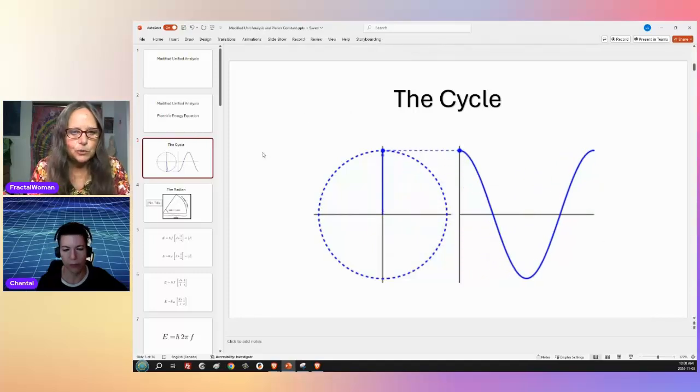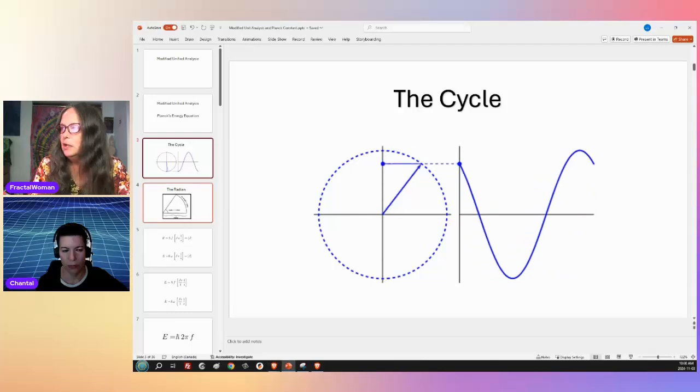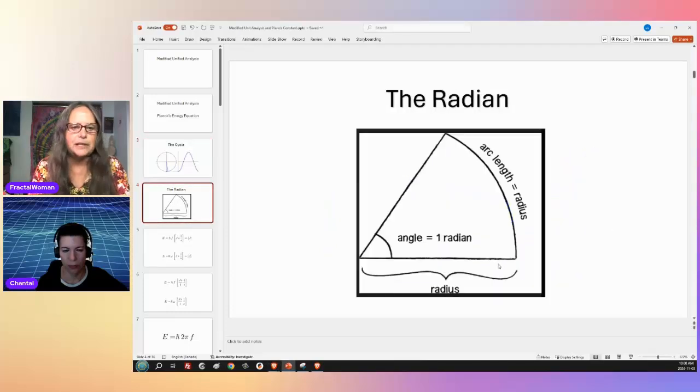I'm also putting in radian. I want to talk a bit about the radian because it is what physicists commonly use. They always want their measurements to be in radians. Electrical engineers use cycle and physicists use radian for their angular measurement.